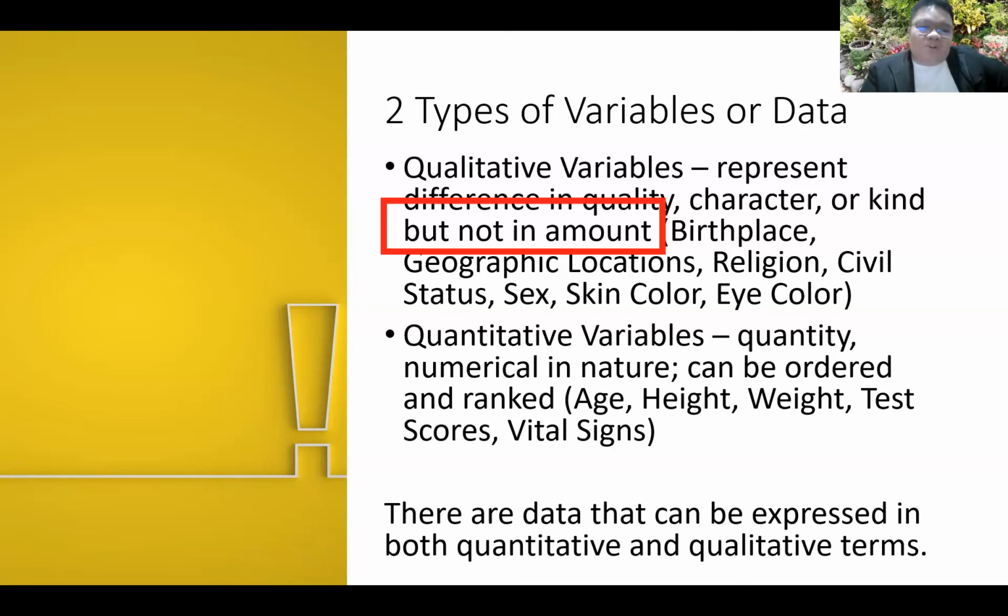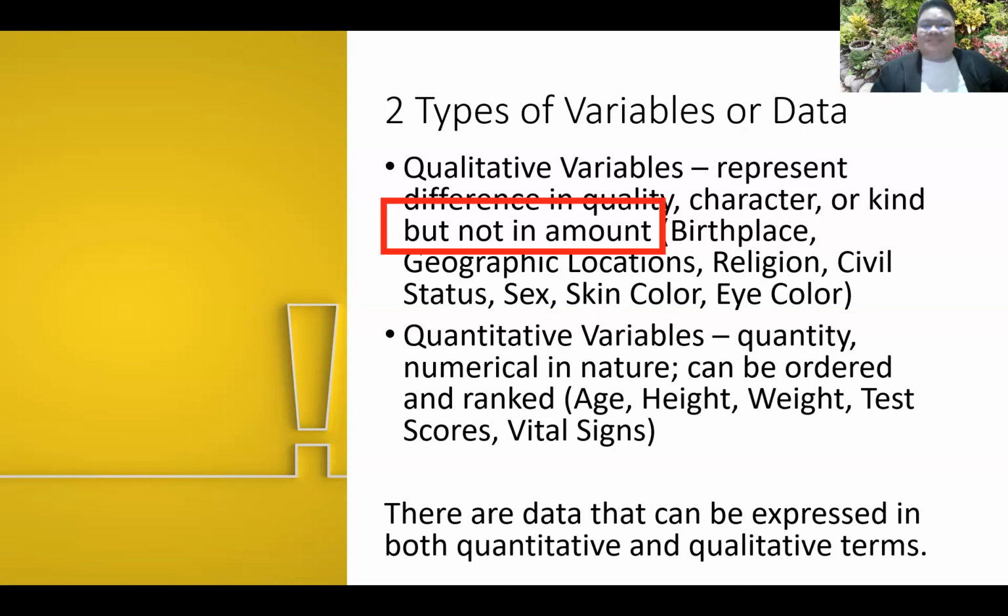Now, when I talk about quantitative variable, guys, your quantitative variable is quantity. Okay, quantity siya. Ibig sabihin, we're talking about numbers and they can be ordered or ranked. Very common example is your age, your scores. Basically, lahat na may numbers. Okay? Haba ng table, amount of money that you have in your wallet, those are all quantitative data.